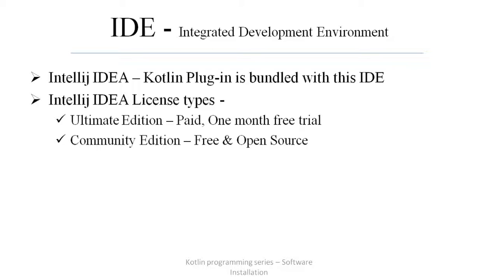So download the Intellij IDEA Community Edition from JetBrains official website, that is jetbrains.org. The link to download can be found in the video description. Once we download the Intellij IDEA, install it, and we are done with the IDE setup, we can start writing the Kotlin programs.